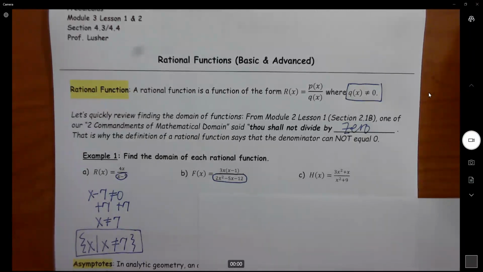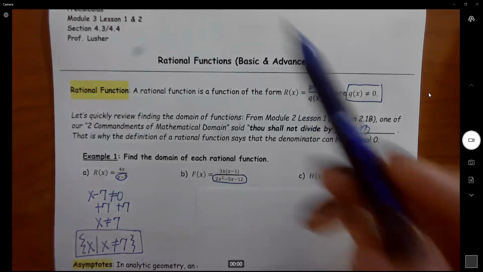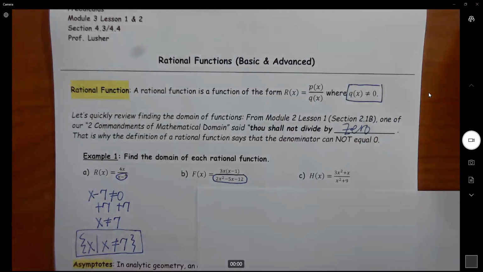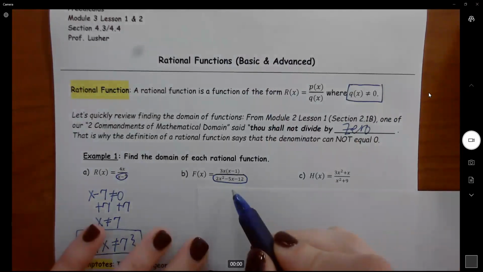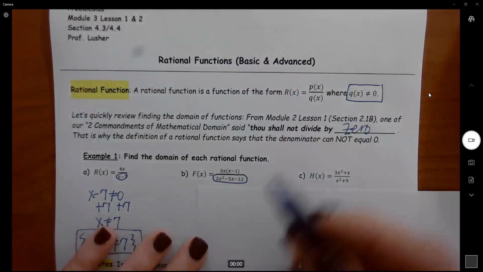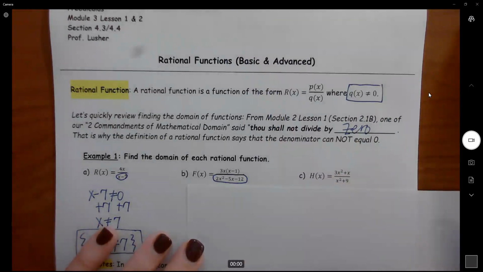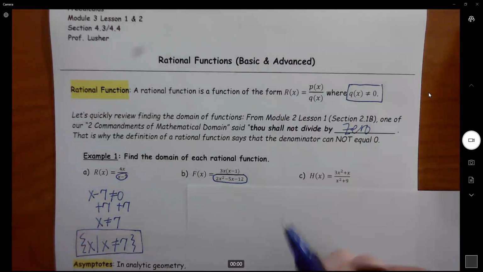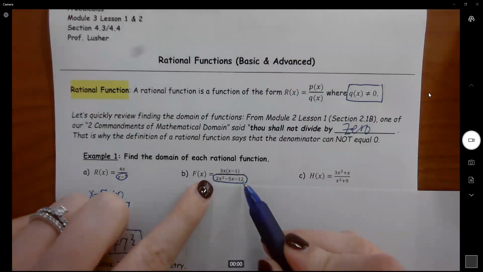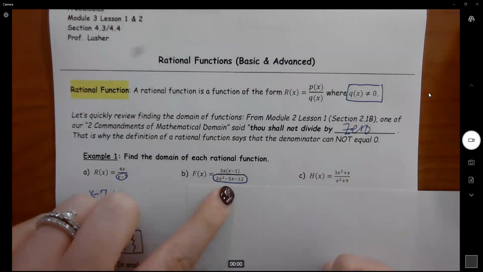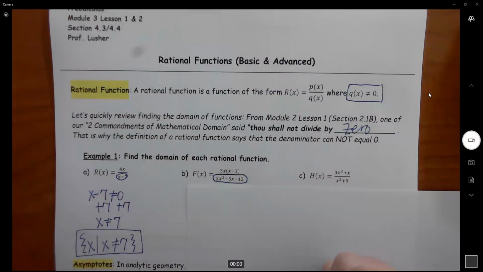I did not provide enough room, so I'm going to do this on a separate sheet of paper. When we factor this trinomial, we look for the GCF first. I can divide 2 and 12 by 2, but I cannot divide 5 by 2, so I have no GCF here.